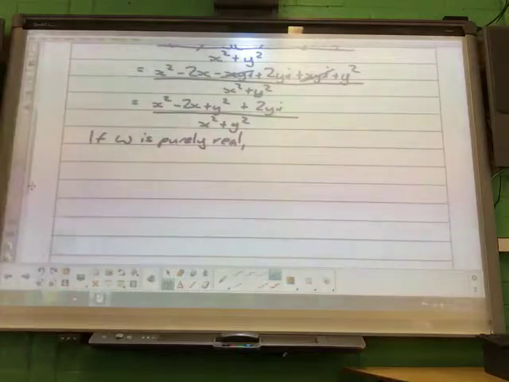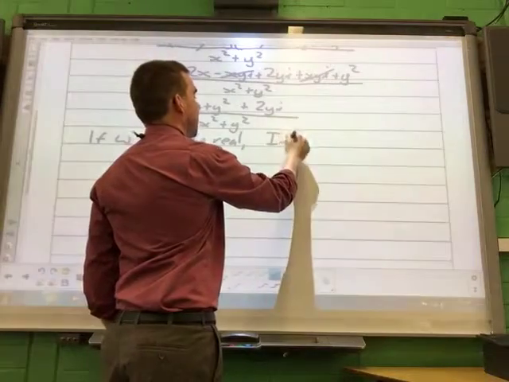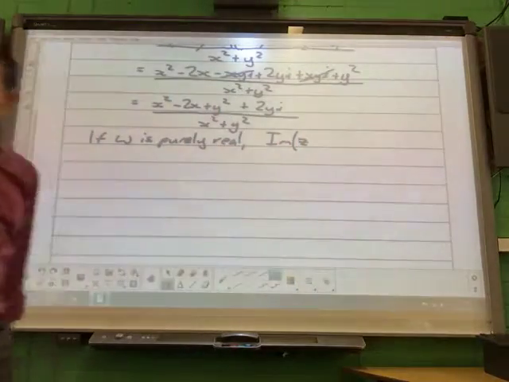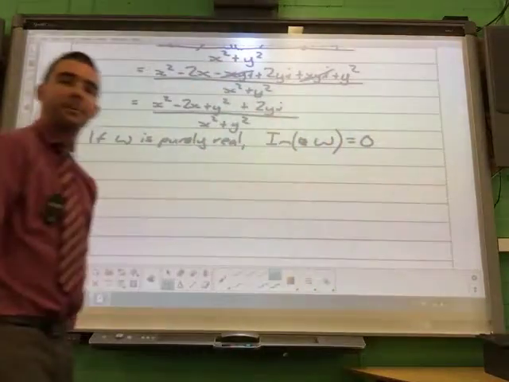Any suggestions on what you know about the whole complex number? Okay, before you go to that stage, what did you do first? Isn't the imaginary part of omega equals 0?